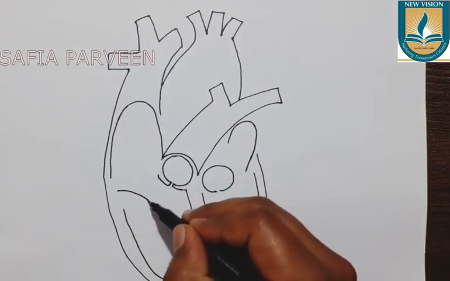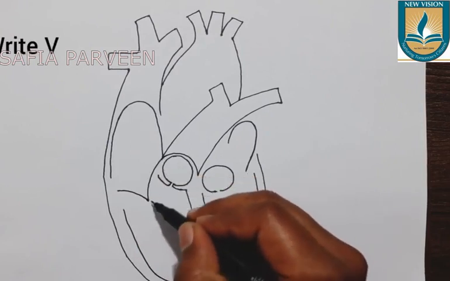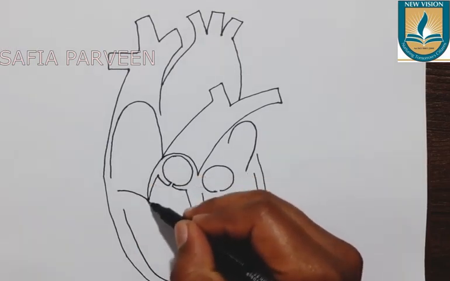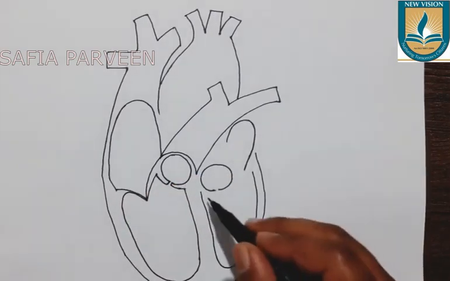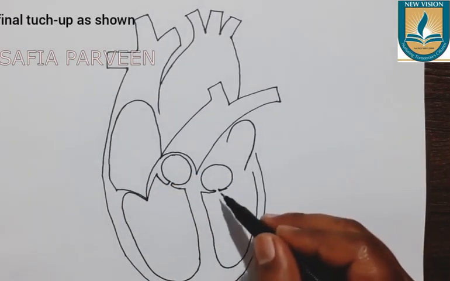Here is one reshaped structure which is nothing but a valve. Here, on the left side also, we are going to draw these structures which make the valve.